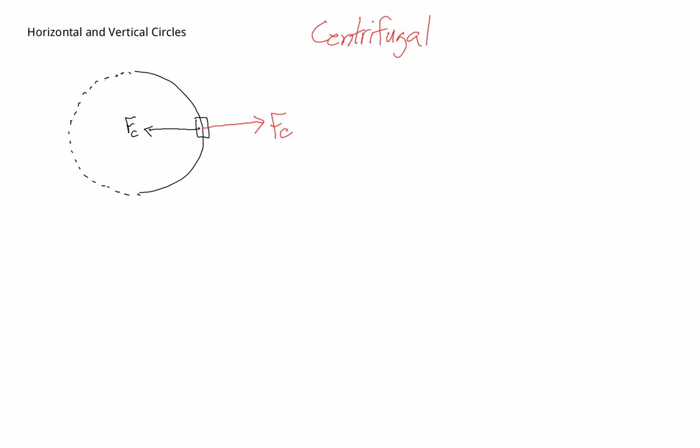So let's do an example where the question is: a car travels around a curve with radius 50 meters and the coefficient of friction between the tires and the road is 0.75.